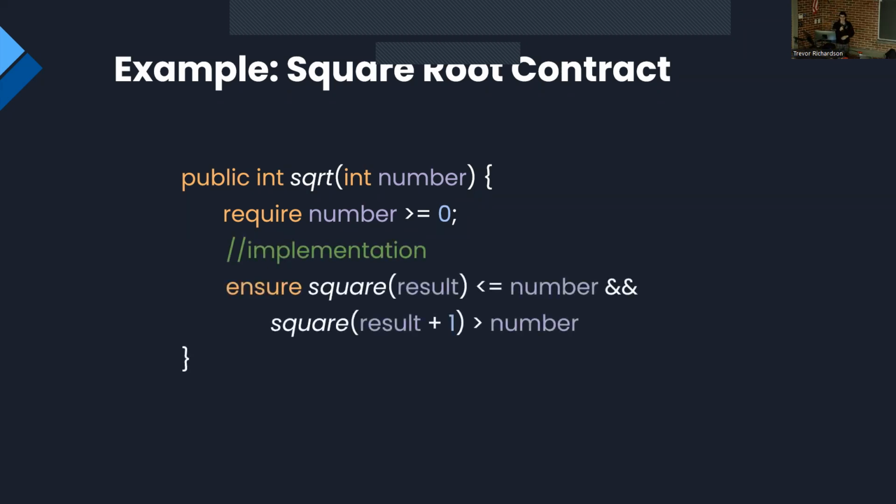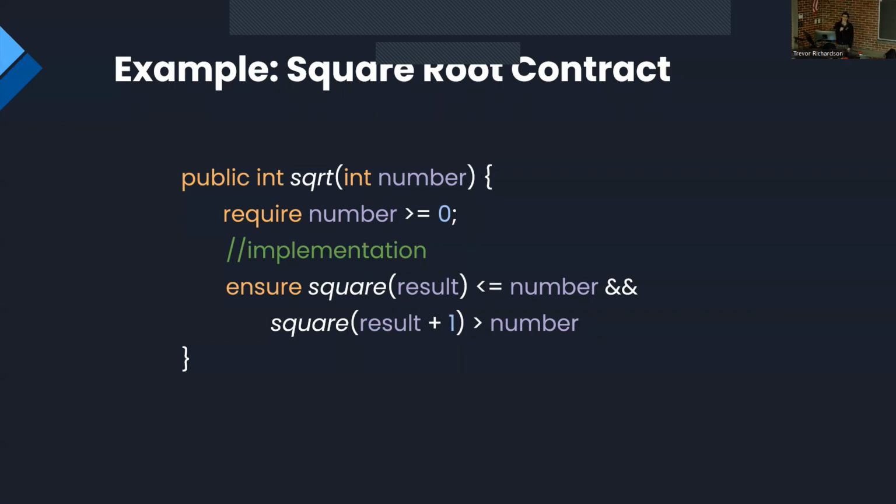We can say that if we square the result, then it's less than or equal to the number. And the square of the result plus 1 has to be greater than the number. This is a bunch of fancy math stuff to get across the idea that because these are integer numbers, we can't take the square root of an integer without doing something else, right? We're returning an integer, so we have to floor the result.